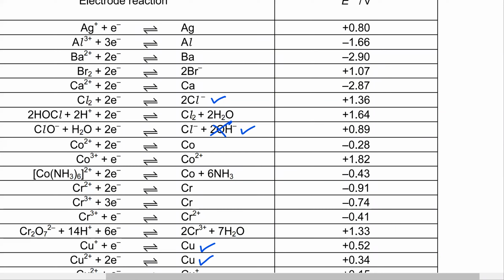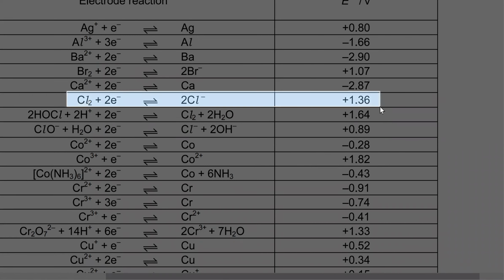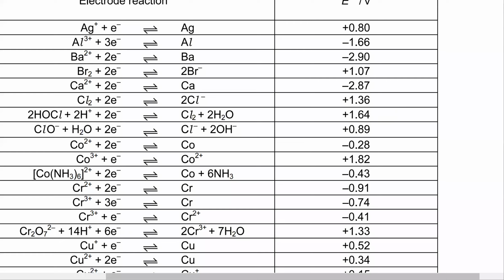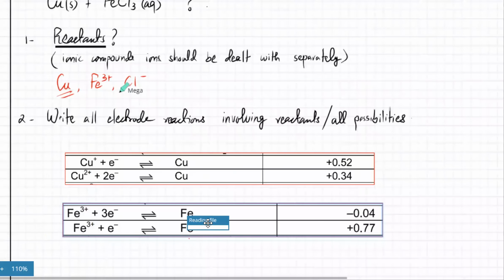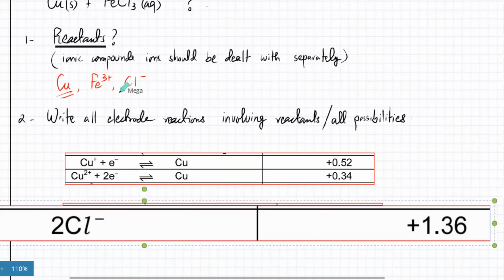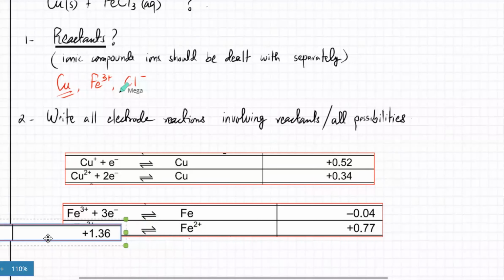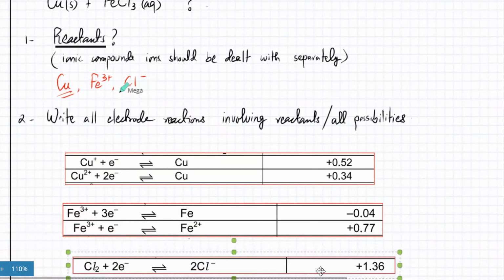And let me just rub this off. So 1.36. So this one. And we'll copy this. So I've written down all my possible reactions, or all my possible electrodes, that can possibly be involved in this reaction.